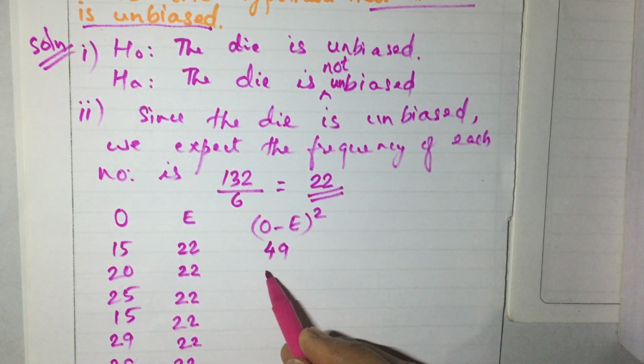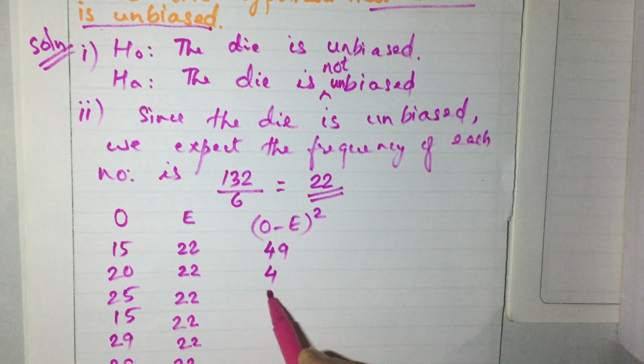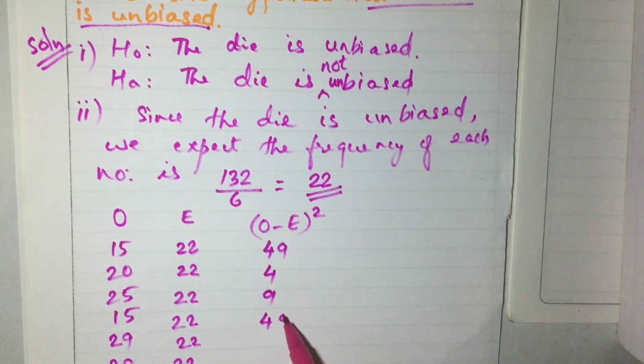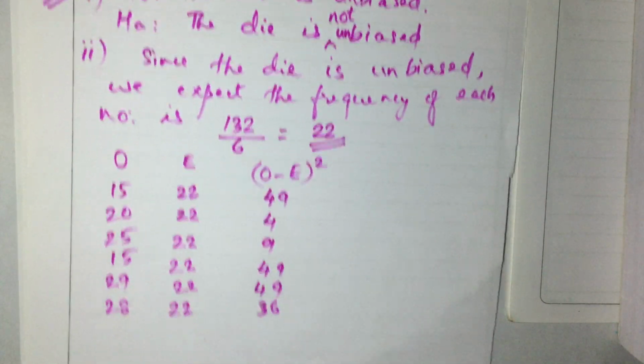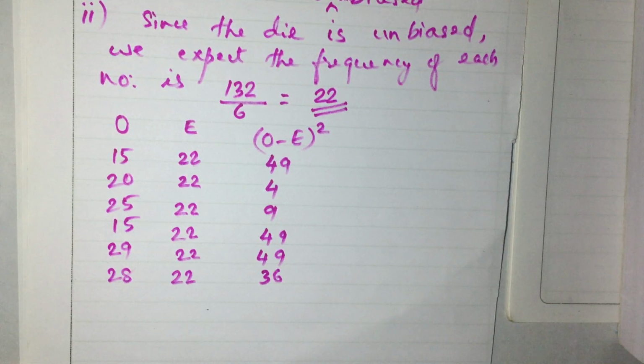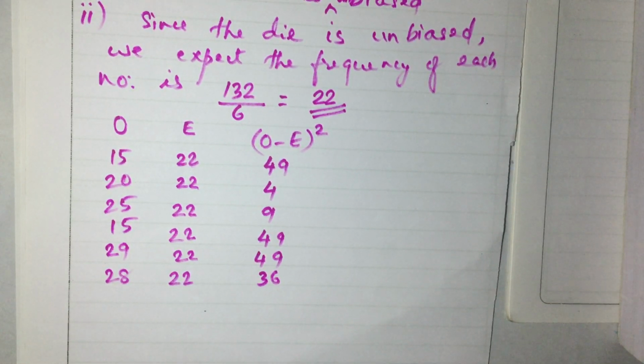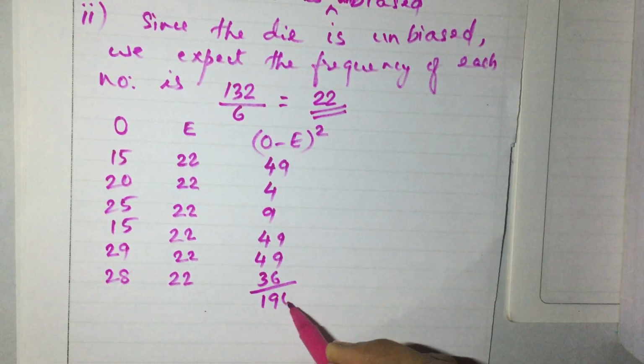This is 2, 2 square is 4. 3 square is 9. 49, 49, 36. So this is O minus E the whole square. Now this total, you will get it as 196.